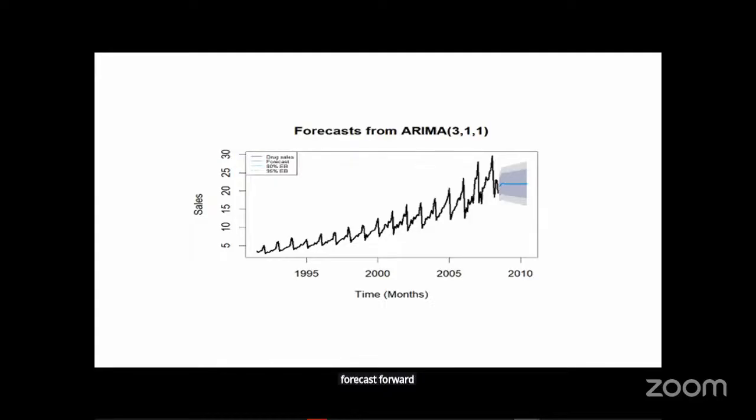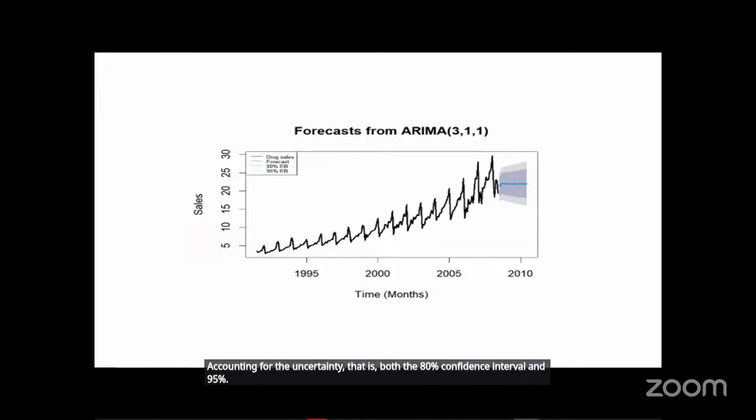If you observe this, we are making a forecast. From where you have your blue line to the end, you have your forecast. And you see the shaded areas accounting for the uncertainty, that is both the 80% confidence interval and the 95% confidence interval.